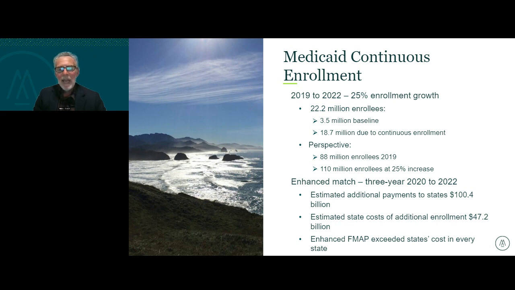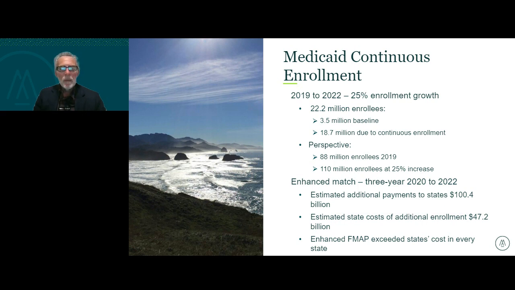It's estimated that 84% of that addition is the result of this continuous enrollment provision. So that churn on and off, or off and never back on again because circumstances change, did not occur normally as a result of this provision.